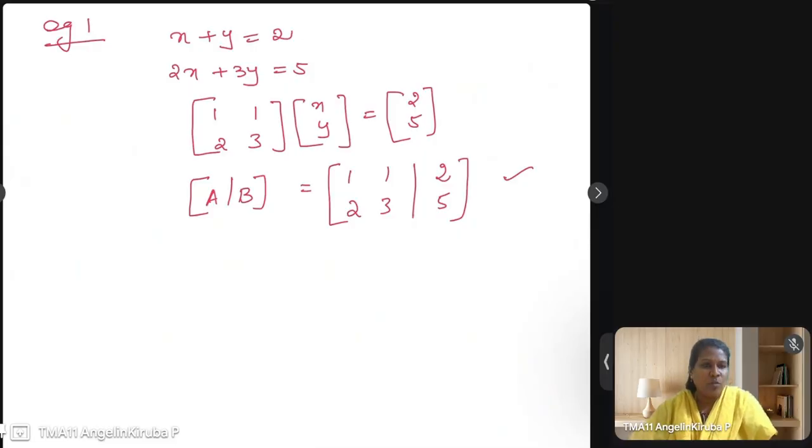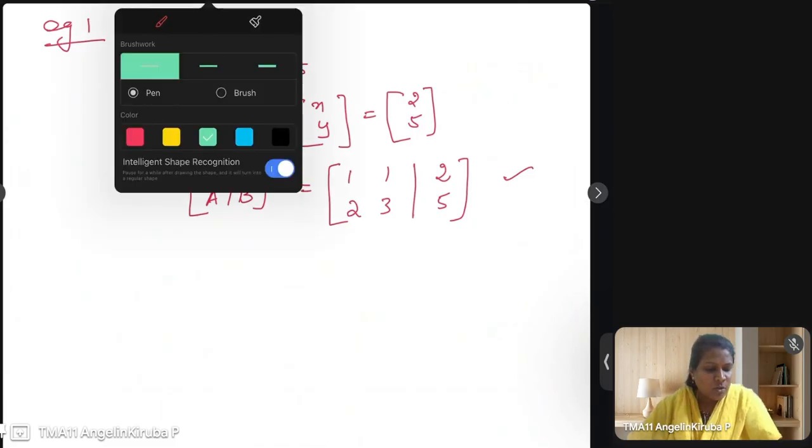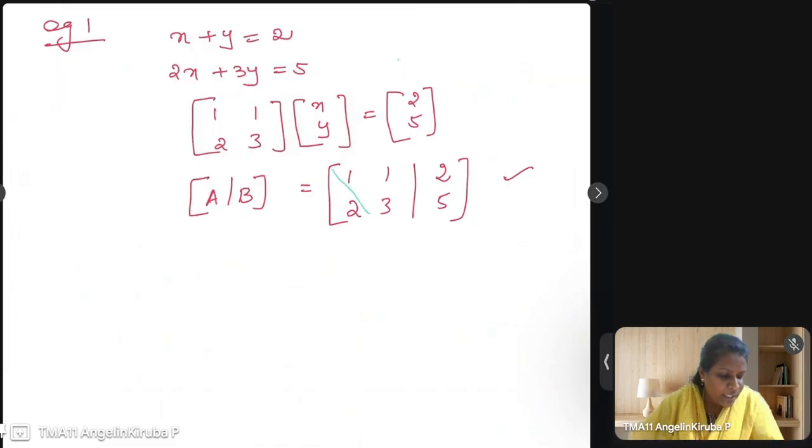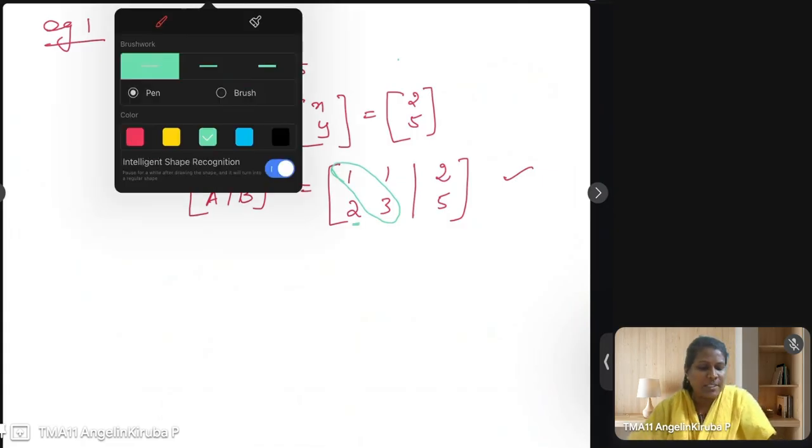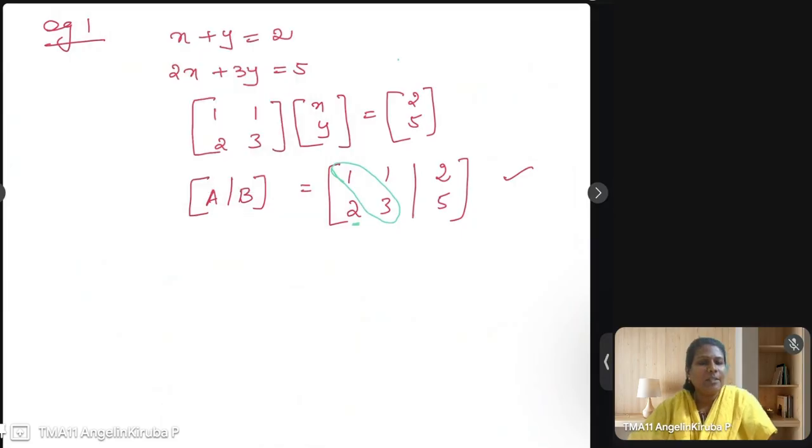Since it is a 2 cross 2 matrix, the diagonal elements are this 1 and 3. For the upper triangular matrix, we have to convert only this 2 to be equal to 0, because below the diagonal we have only one element.